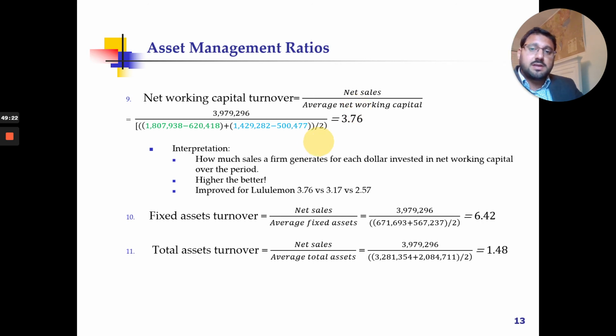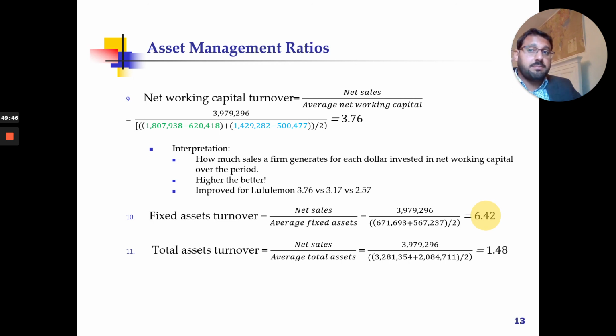The same interpretation is for the fixed asset turnover, where the net sales is divided by the average of the fixed assets for Lululemon. It means every dollar invested in the fixed assets in Lululemon, the company is generating $6.42 worth of sales. And this is again good. And we want this number to be higher.